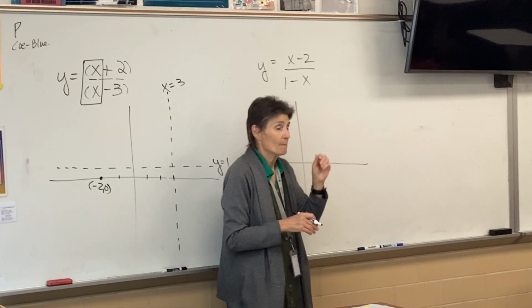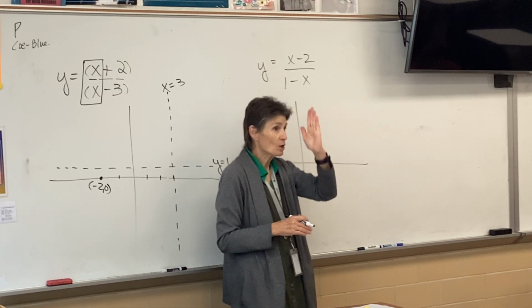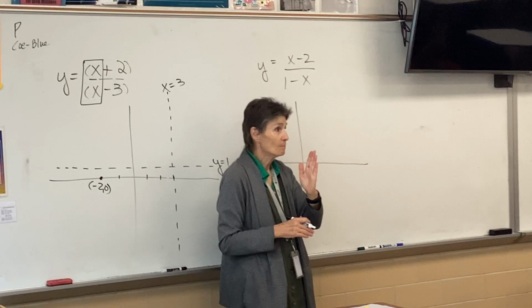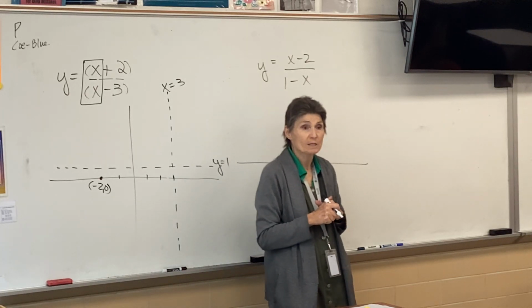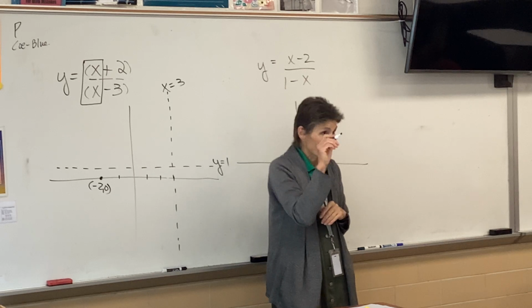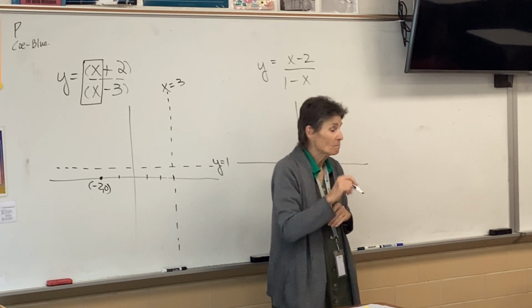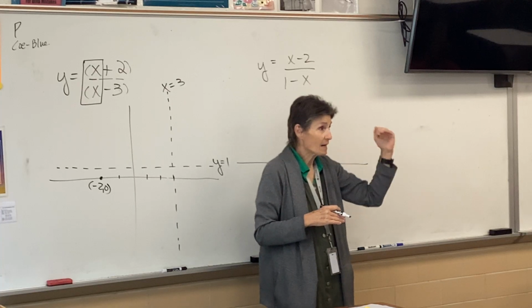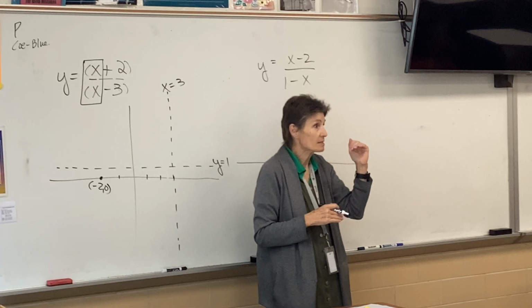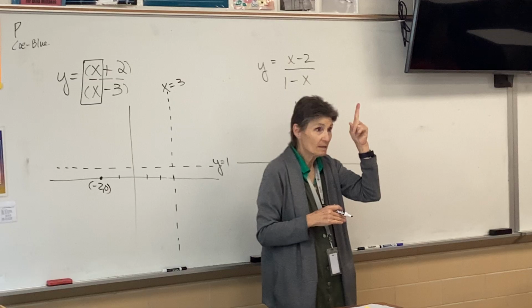So one more time. Vertical asymptotes come from the denominator. Horizontal asymptotes come from boxing, comparing the x's. My x-intercepts, my dots on the x-axis, come from the numerator.